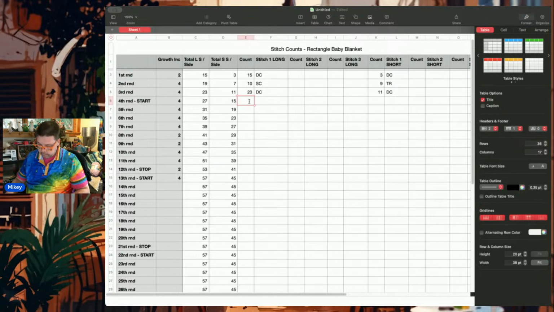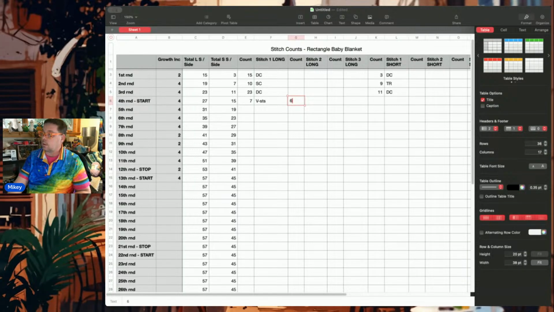Okay, so number 4. 4 is V stitches. I have 1, 2, 3, 4, 5, 6, 7. So I have 7 V stitches. And then I have 7 V stitches, and how many double crochets?